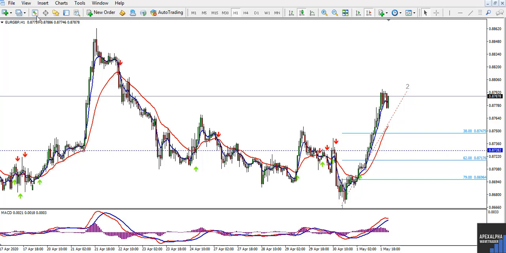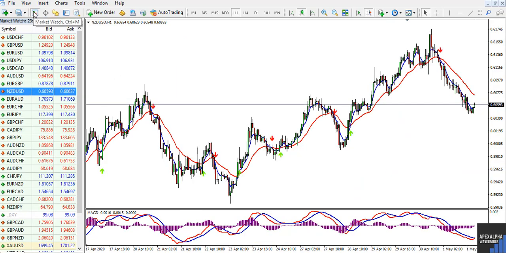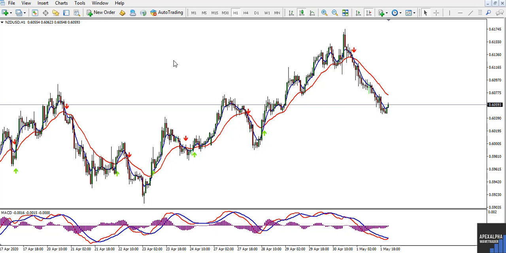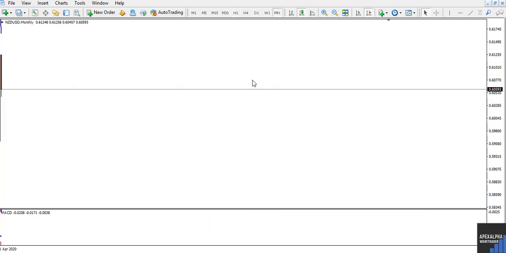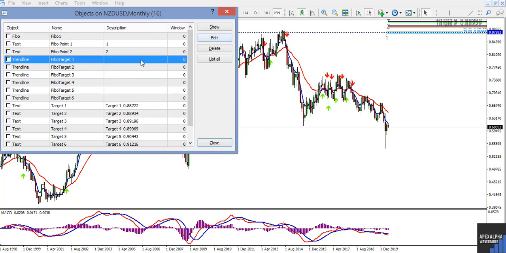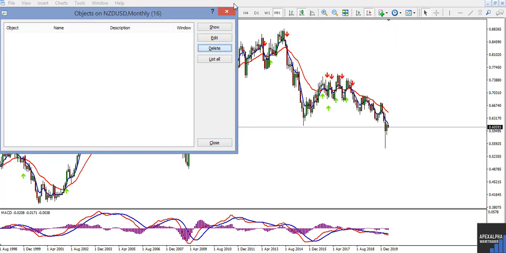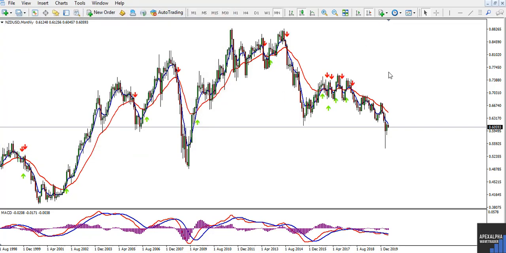profits. So let's go quickly to the last pair now, New Zealand USD, and I apologize for the long video. I'm just going to go to the monthly, and let's see, I need to delete all this. Let's just delete the lines and see what we see.